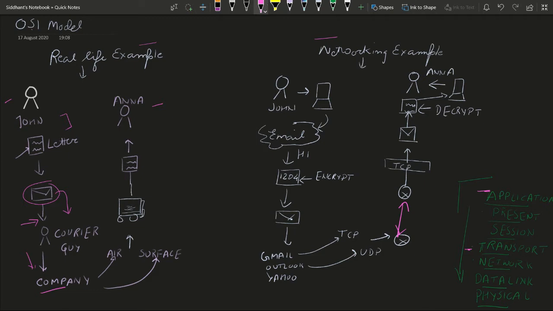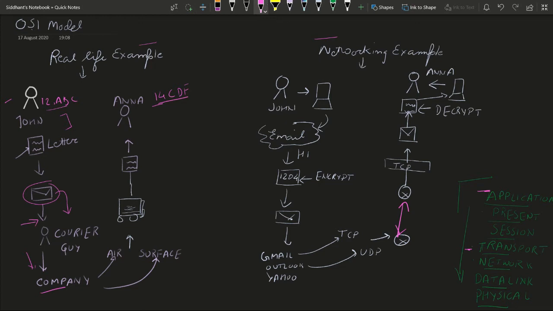So John has a house number like 12 ABC Street, and suppose Anna has a house number as 14 CDF Street. So this is the address of Anna, this is the address of John. Now the company will know the addresses because it is written on the front of the envelope.